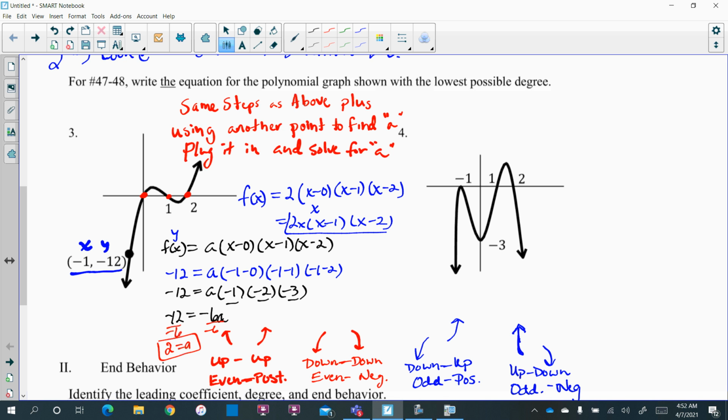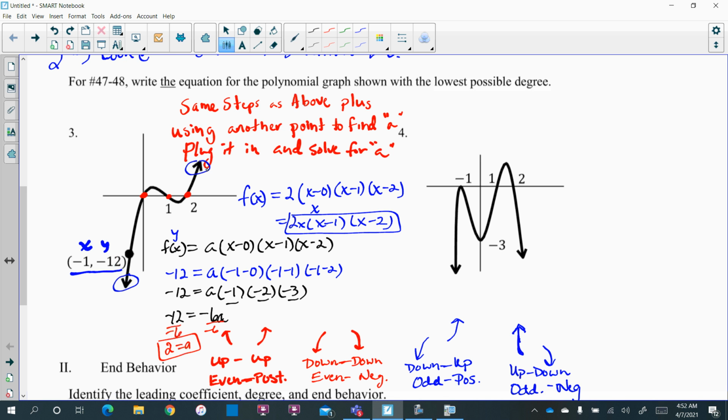Now, I'm not going to ask you to solve for a, because we haven't really practiced that a lot. But I am going to ask you to give me the factored form and what the leading coefficient should look like. Based on what I see here, this is down, up, so our leading coefficient should be positive, because if it's down, up, it's increasing.